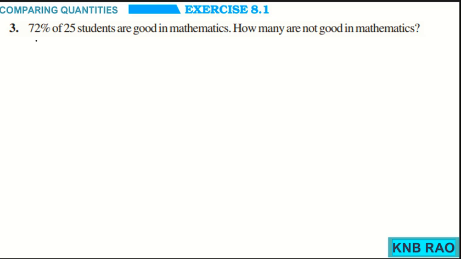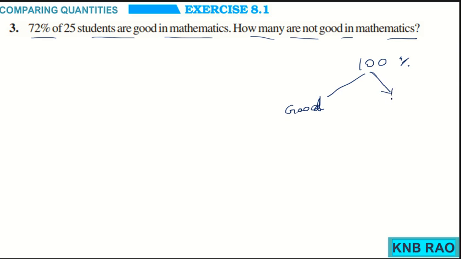Now, we will solve question number 3. Question number 3 is: 72% of 25 students are good in mathematics. How many are not good in mathematics? Very simple question, children. If I take the whole students as 100%, in that I will have one class as good, another as not good.